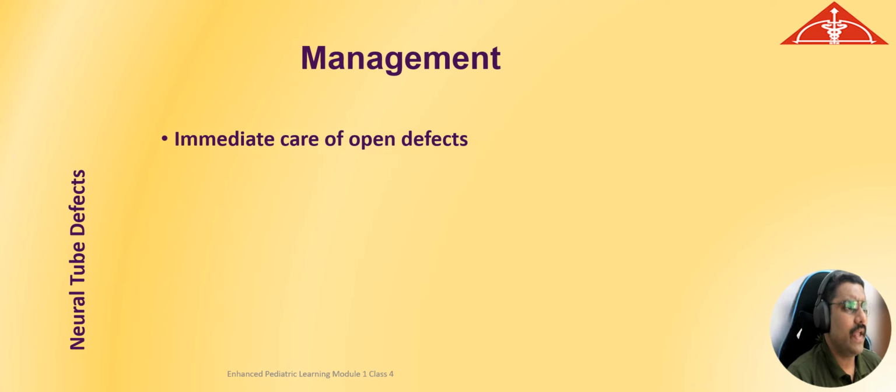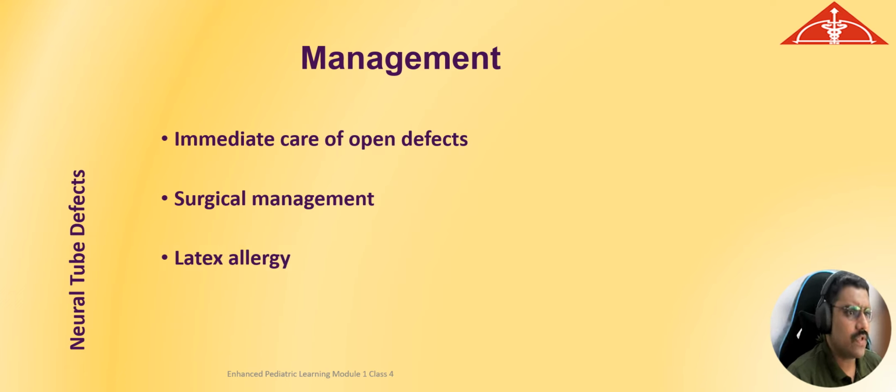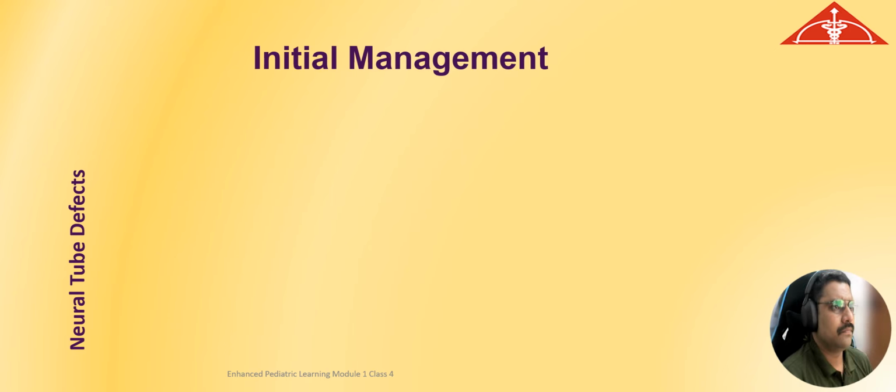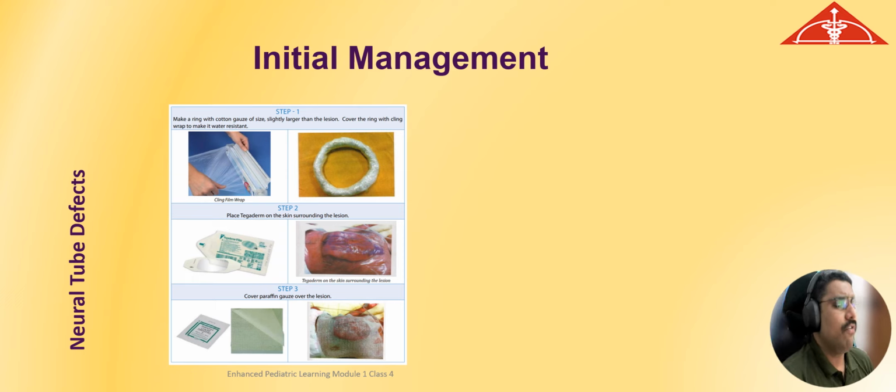Management is that of the immediate care of open defects, involvement of the surgical team, as well as avoidance of latex to prevent early sensitization, which is associated with neural tube defects. The initial management of an open defect is to ensure that the lesion remains moist and unruptured, such that infection seeding does not occur, and to keep it clean prior to surgical management.